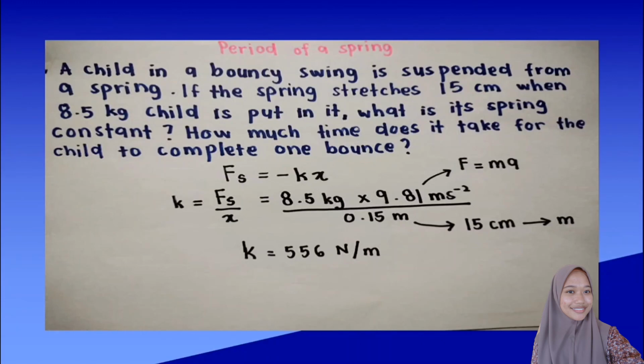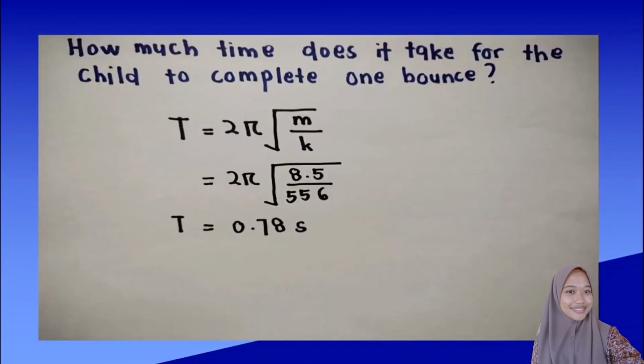So untuk soalan yang how much time does it take for the child to complete one bounce tu, so kita gunakan formula the period of single spring tu, T equal to 2 pi square root M over K. So kita gantikanlah masuk mass dia kita dapat, K pun tadi kita dah kira, iaitu 556 tu kita masukkan dalam formula. So dapatlah T sama dengan 0.78 second.